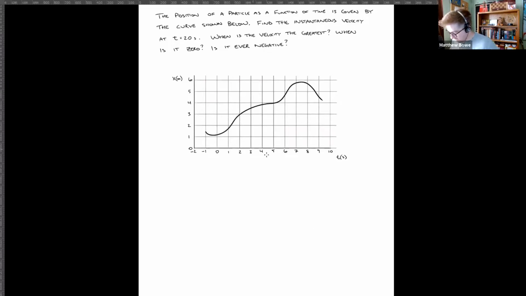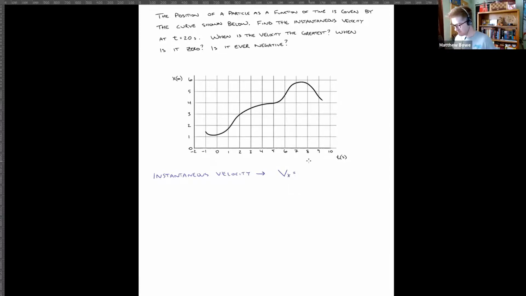Okay. So what we know is that the instantaneous velocity, let me write it right here. Velocity is written as v sub x.